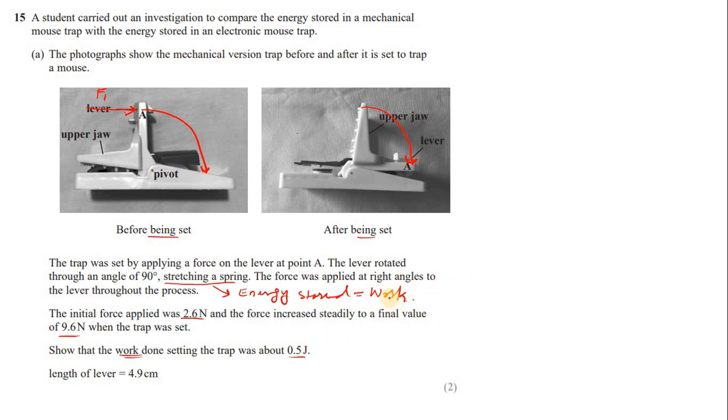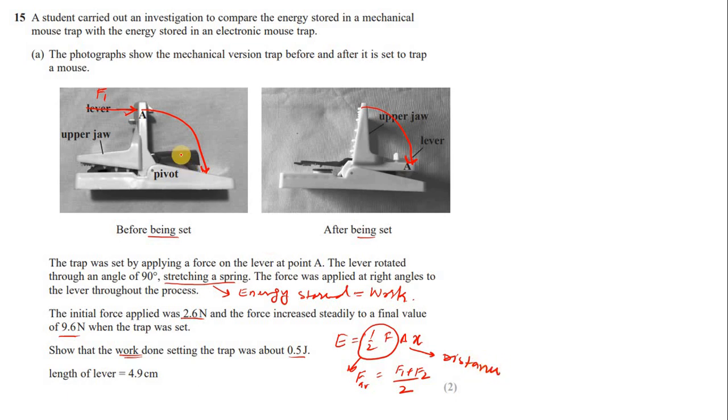So to find the work, you need to find the energy stored, and E is equal to half of F delta X. Remember, this half of F is basically the average force, which is F1 plus F2 divided by 2, and delta X is the extension, but in this case delta X will be the distance.